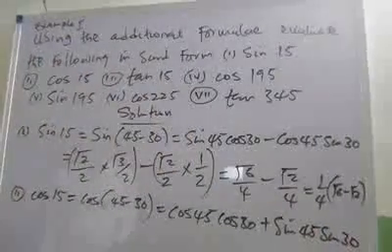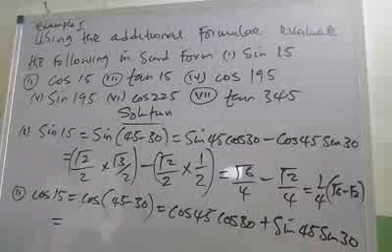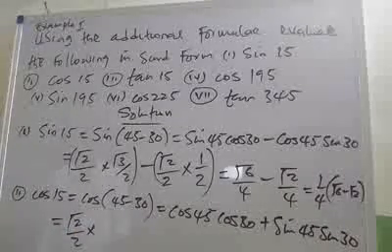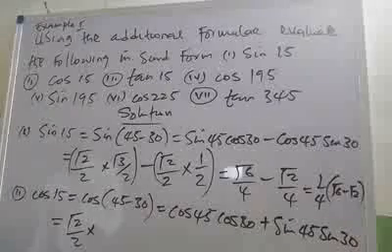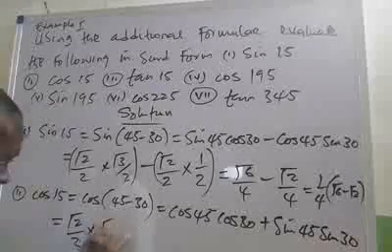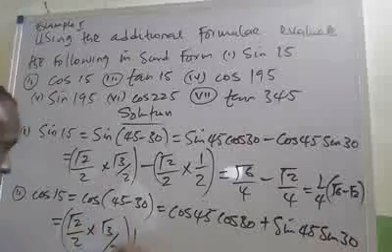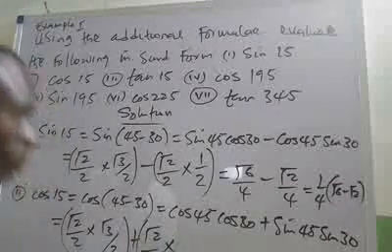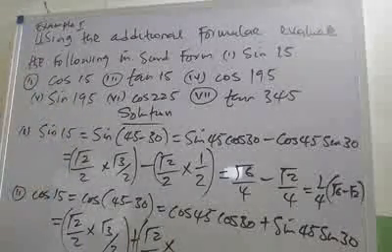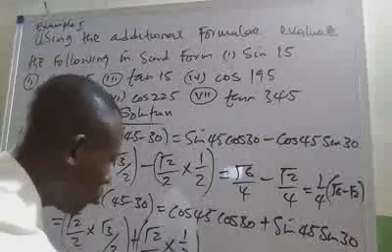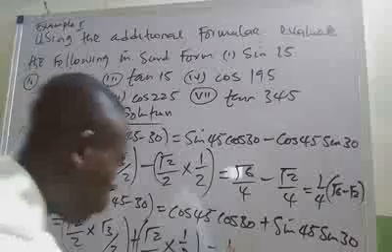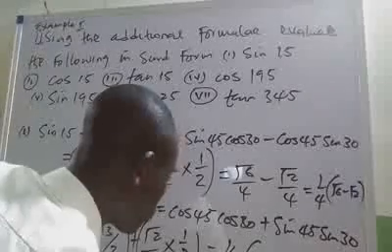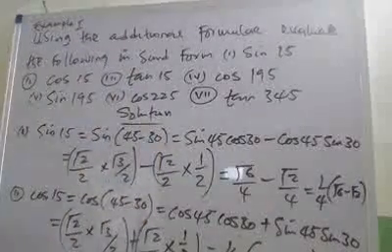If you put in the values, cos 45 is root 2 over 2 times cos 30, root 3 over 2, plus root 2 over 2 times sine 30, which is 1 over 2. If you multiply, that will give you 1 over 4 bracket root 6 plus root 2.